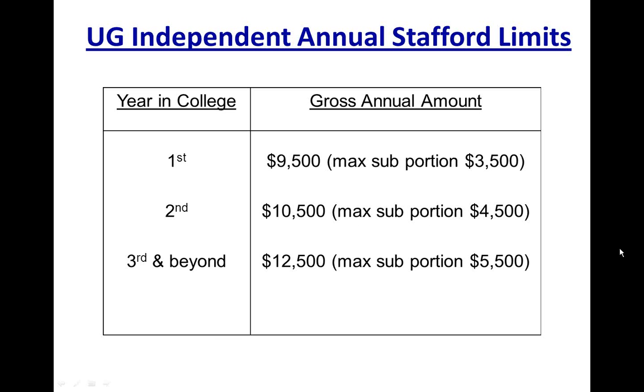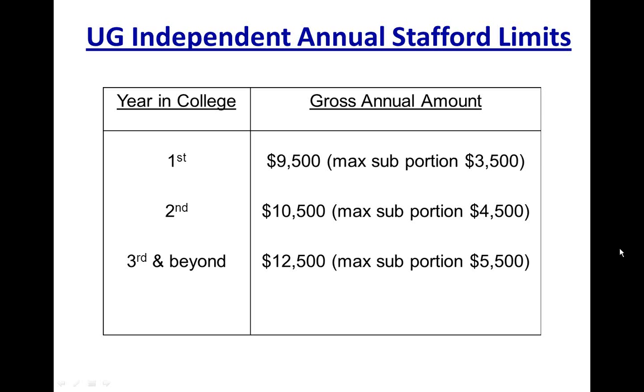The undergraduate independent annual Stafford limits already have that second additional amount of the unsubsidized Stafford loan built into the annual amount that they can borrow because they're independents and therefore they do not have parents that could borrow the Parent Plus loan for them.